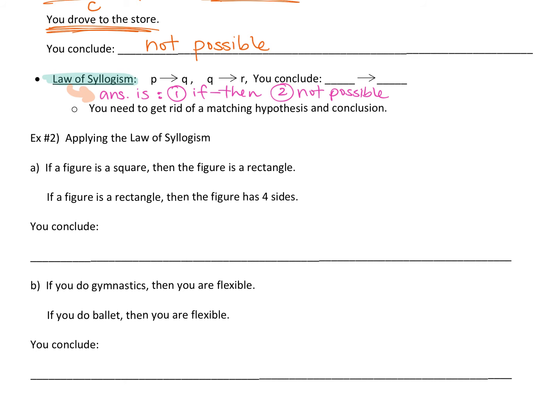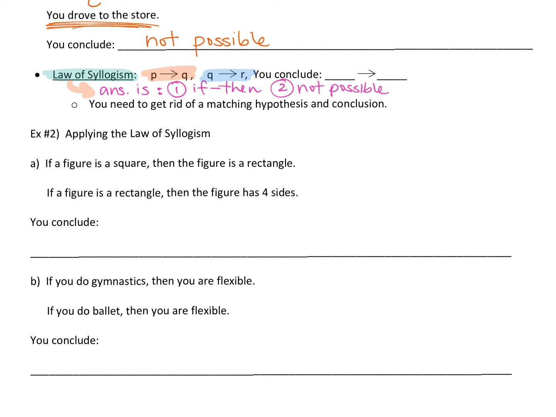You get these statements: if P, then Q, and if Q, then R. Okay, what happens is the two that are identical, notice here there's a Q here and there's a Q here. We take those two identical ones out, and as long as you're left with a hypothesis and a conclusion, you can use that to make a statement. So this would become if P, then R.